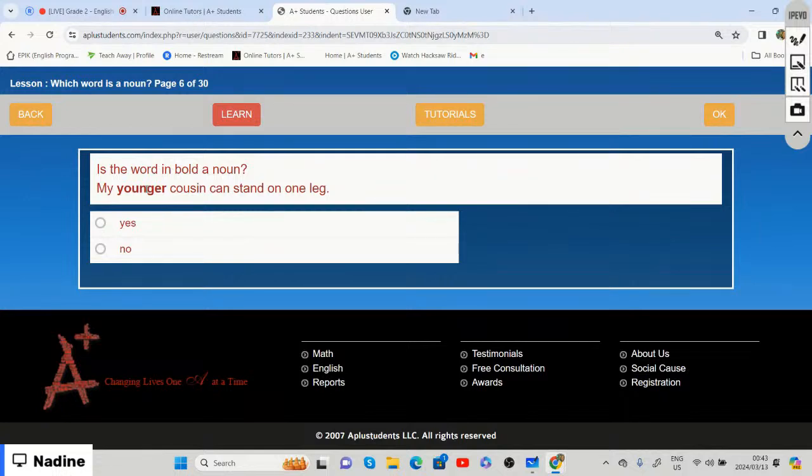So younger. Do you think that is a noun? If I say my younger cousin or older cousin, is that word a noun?